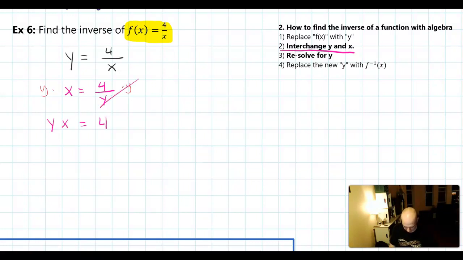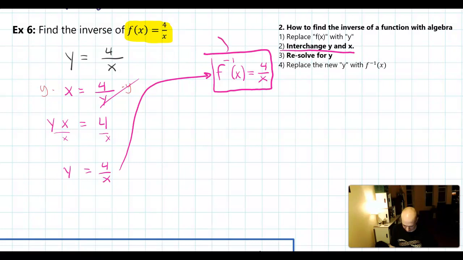Now I need to divide both sides by x and get y is equal to 4 over x. Well, I've solved for y, so the only thing left to really do is write this in function notation. f inverse of x is equal to 4 over x.